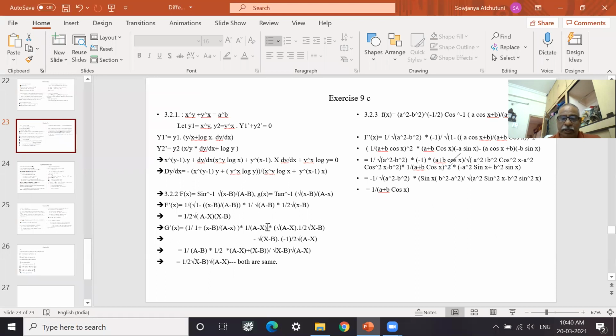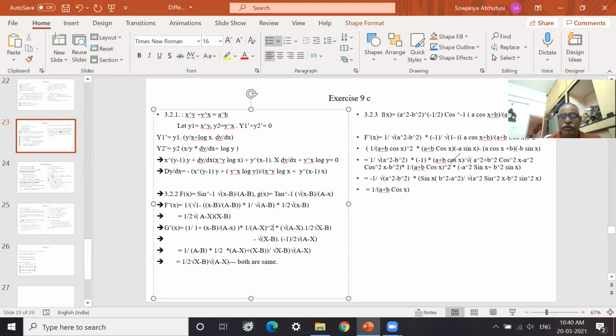This is 1 by a minus x whole square into root of a minus x into 1 by 2 root x minus b minus root of x minus b into what is the differentiation of root of a minus x? 1 by 2 root a minus x into minus 1. So u by v formula is applied and we have simplified this and we are getting same as f dash x. Same as, because a by a minus b, we are getting same as this, a minus x into x minus b.